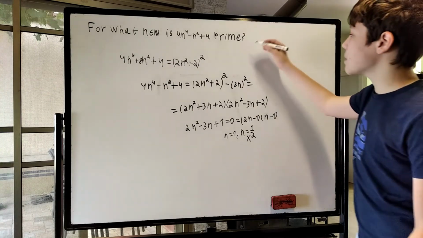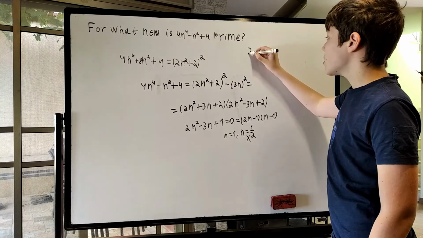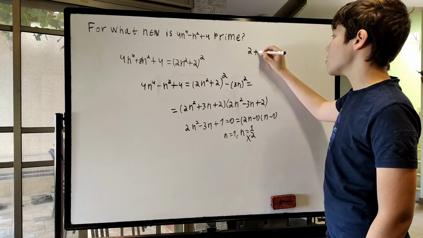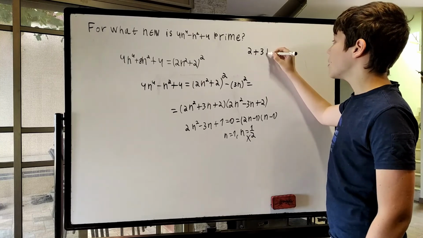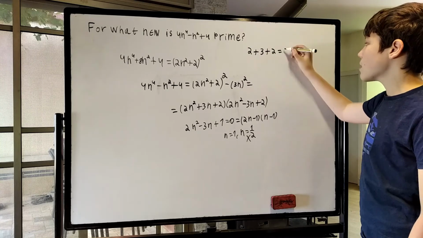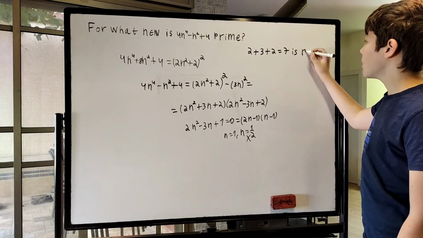It doesn't get any simpler than this. 1 squared is also 1, so 2 times n squared is 2, n is 1, so 3n is 3, and then plus the 2 at the end. This obviously gets a 7, which is prime.